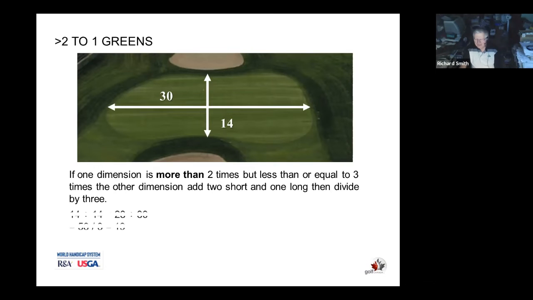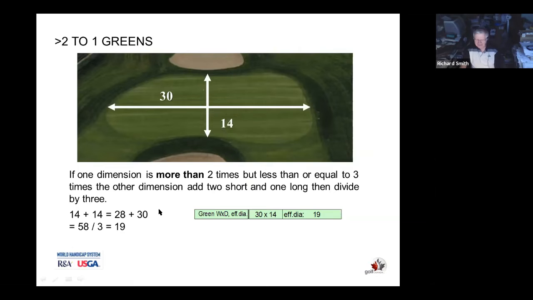So here we would essentially average 2 of the 14s with the 30, divide by 3, which would give you 19 for the effective diameter of this green. And again, we would record it 30, 14, effective diameter 19.